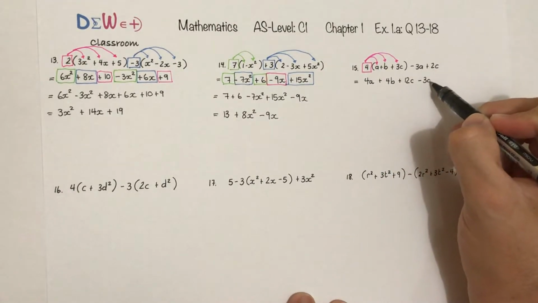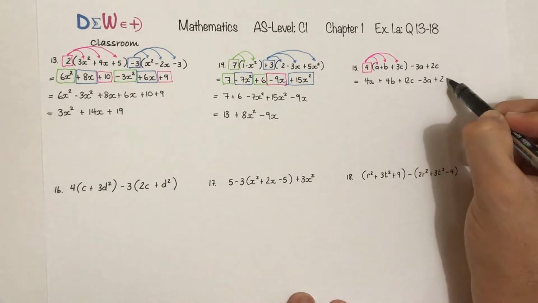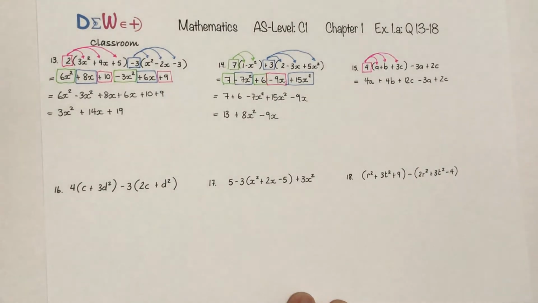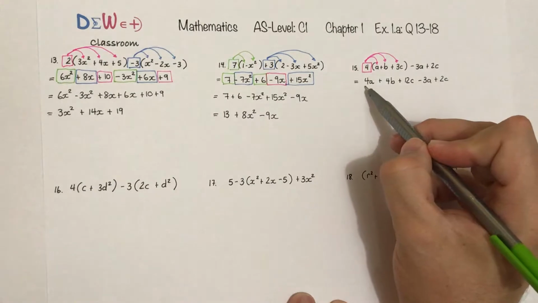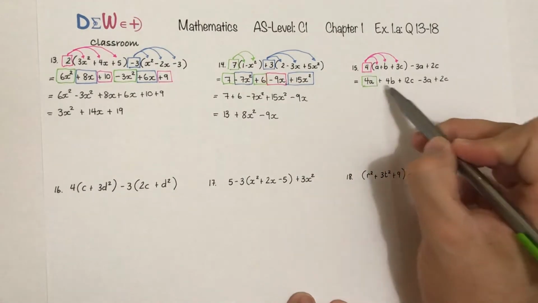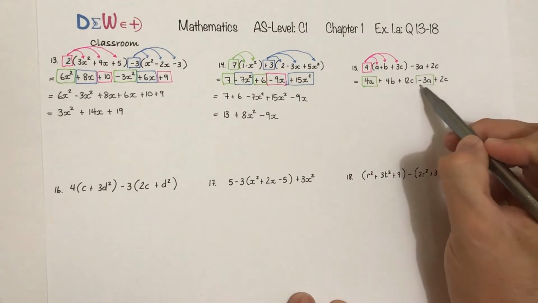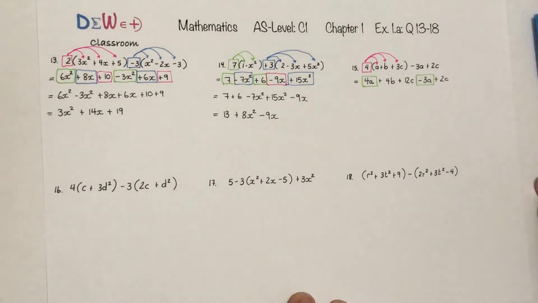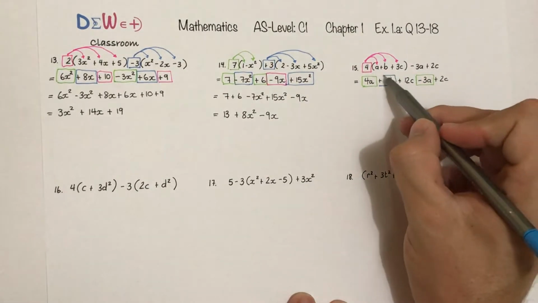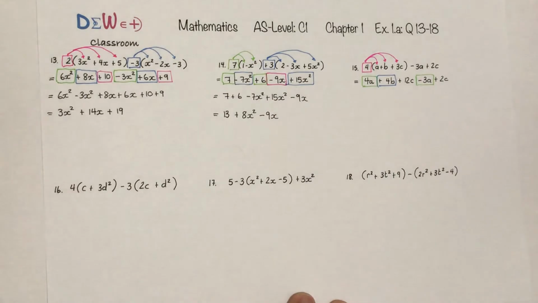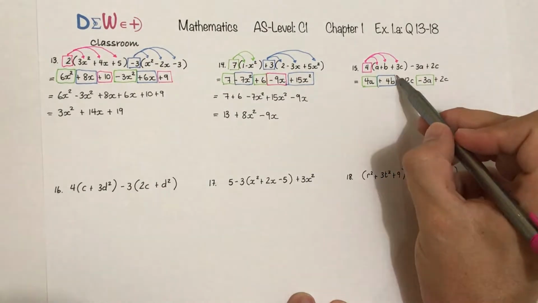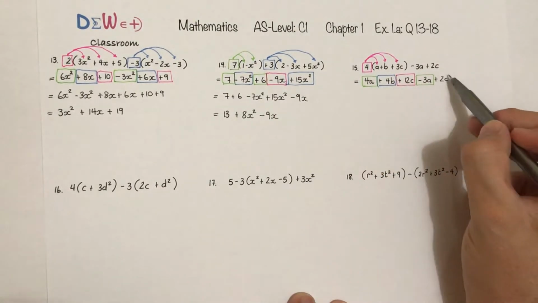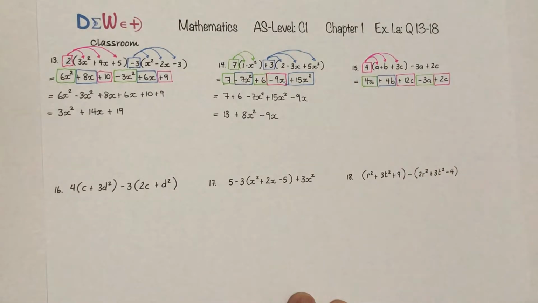minus 3a plus 2c. We identify our like terms: 4a and minus 3a. We have plus 4b, and that's the only 4b, and we have plus 12c plus 2c.